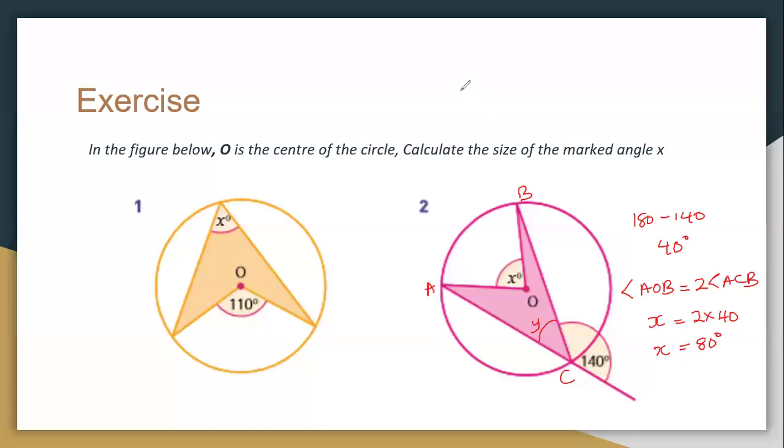So you notice here Joel was able to use angles on a straight line. Sometimes you may find that you're going to use angles at a point. Take an example. For this particular one, they can hide this 110 and instead give you the angle here as 250.